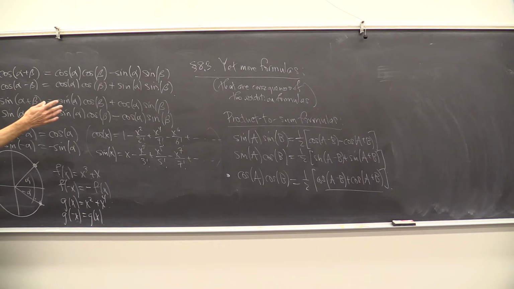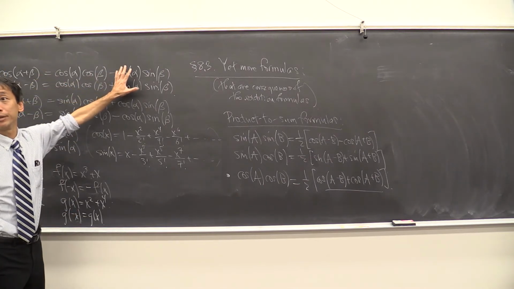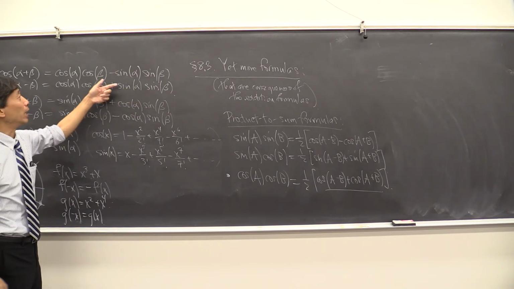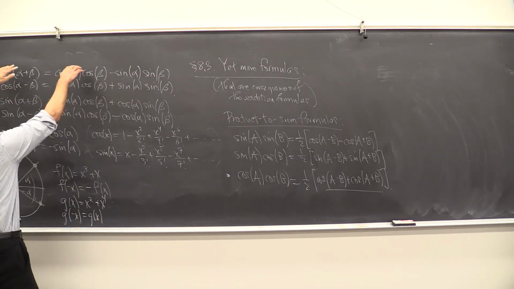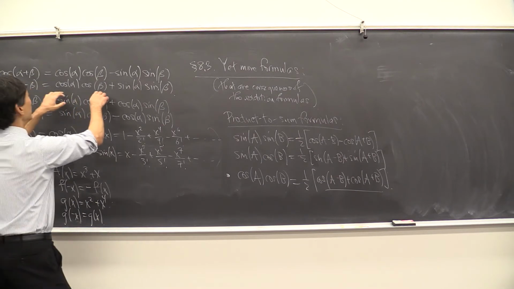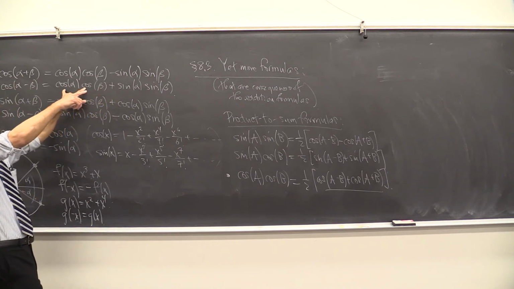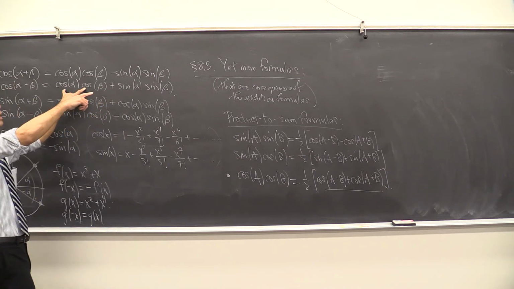You start looking at these things and you notice there's some symmetries here, some sort of pattern going on. For example, if you add cosine alpha plus beta to cosine alpha minus beta, then we're going to get twice of this, and these terms are going to cancel off.